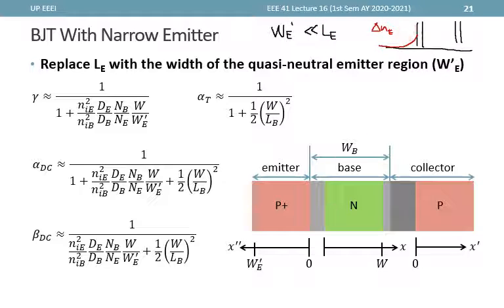And for that very narrow emitter, what we expect is to have a linear change in the excess minority hole concentration.